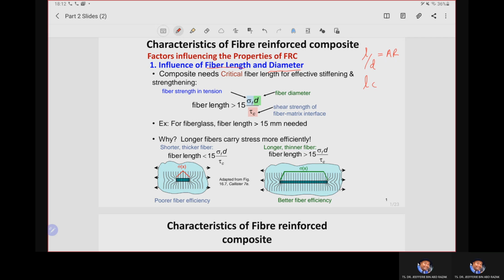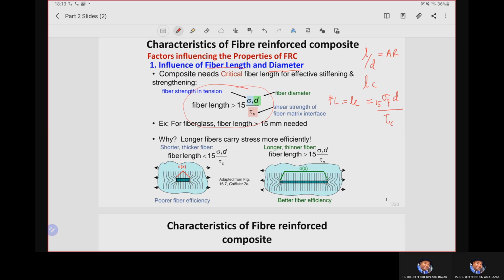By looking at this equation here for the critical fiber length, the LC is basically dependent on the fiber diameter D, multiplied with the ultimate tensile strength sigma F, times 15 here, divided by the shear strength tau C of the fiber-matrix interface strength.